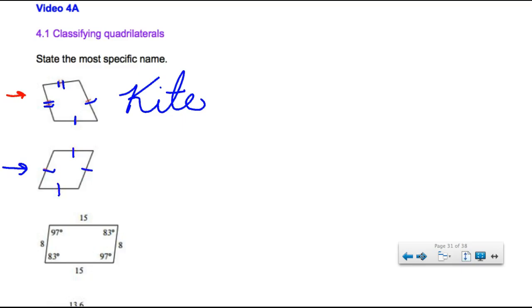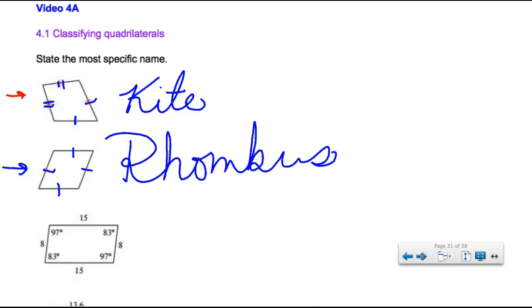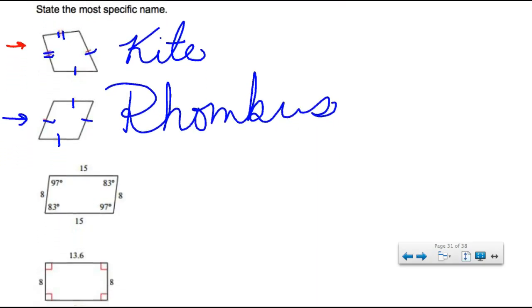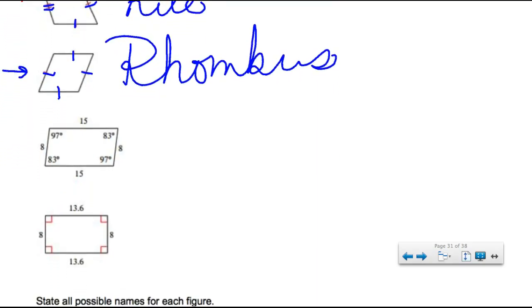It's not showing four right angles, so I don't say it's a square, but this is what we'd call a rhombus. The next one doesn't have markings, but we do have angle measures and side measures. So I can see that the angles aren't 90 degrees, so it's not a rectangle. It's not a square, it's not a rhombus. The most specific name for this one would be a parallelogram.